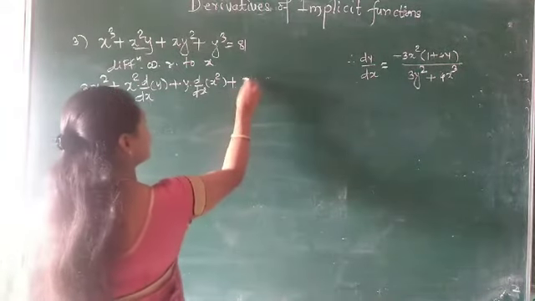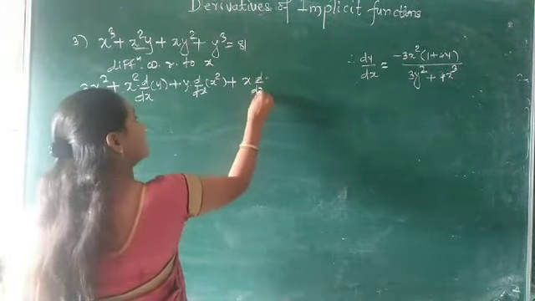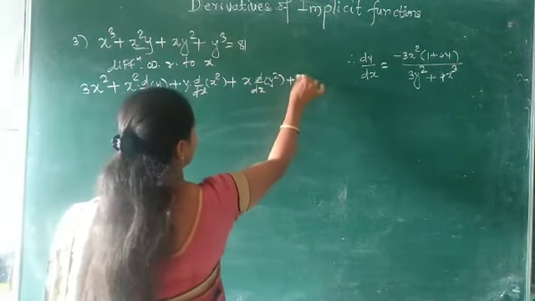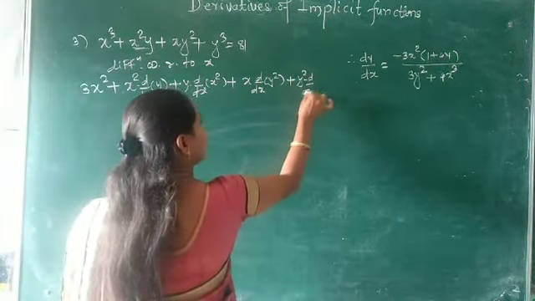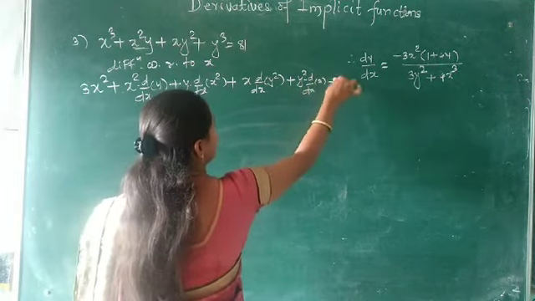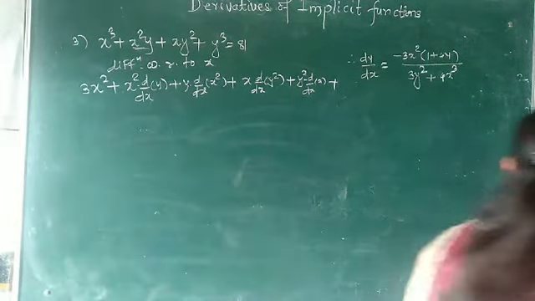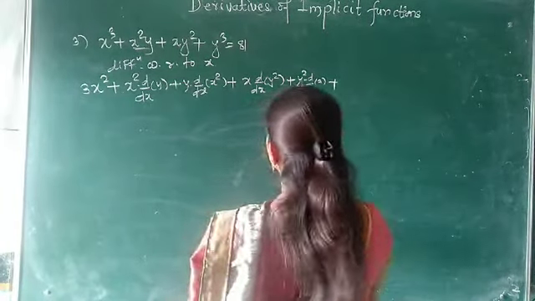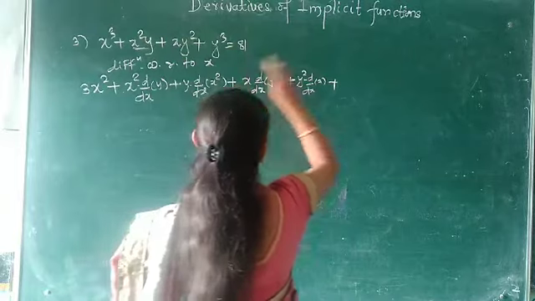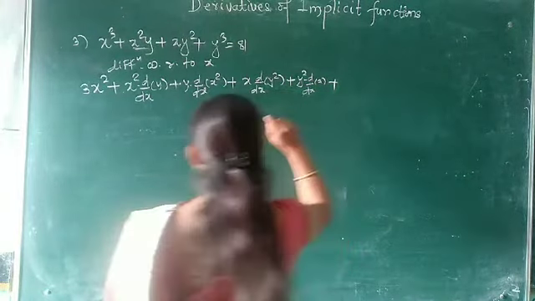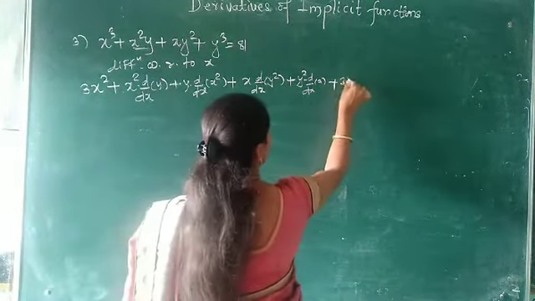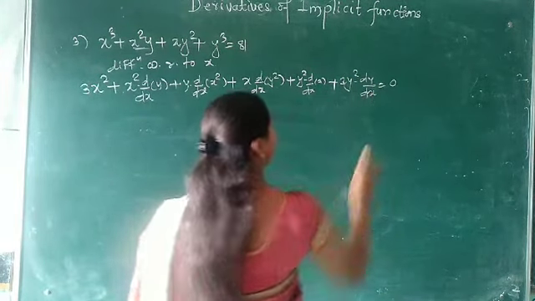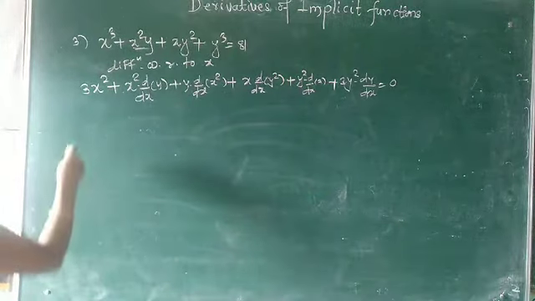So keep x as it is into derivative of which term? y square. Plus, now keep y square as it is into take the derivative of x. Plus, now y cube. So what is derivative of y cube? 3y square into derivative of y with respect to x is dy upon dx.